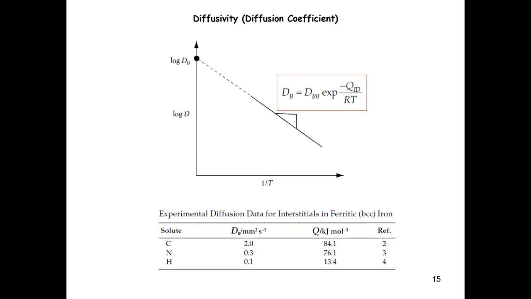But this is counterintuitive to what we know. So can you tell me why this is the case? What are we missing? So if you compare this, what is Q?